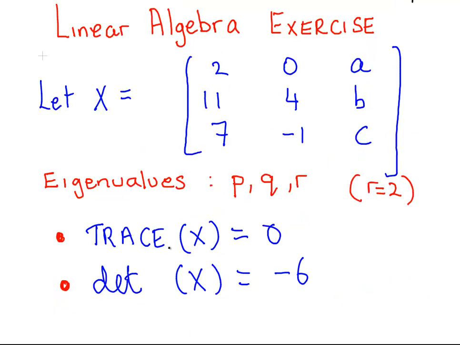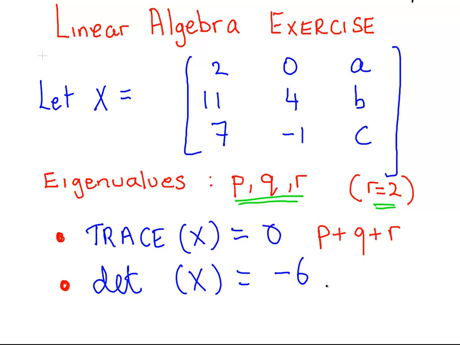So we're going to call our eigenvalues p, q, and r, and we're just going to let r equal 2, so we have to find p and q. The trace of x is the sum of the eigenvalues, so this is equal to p plus q plus r.